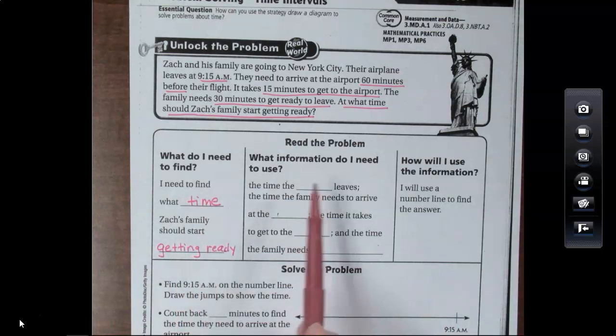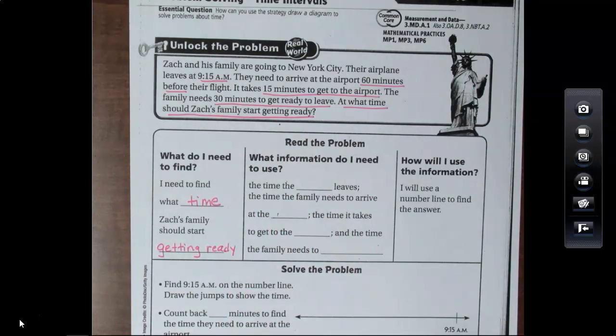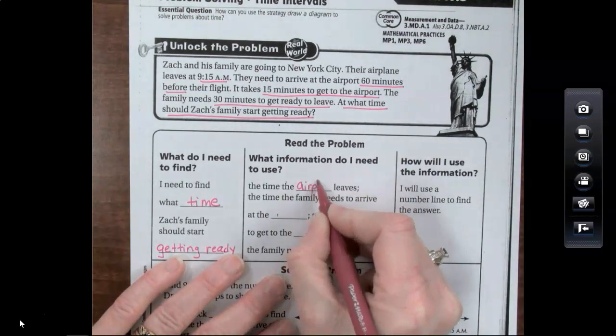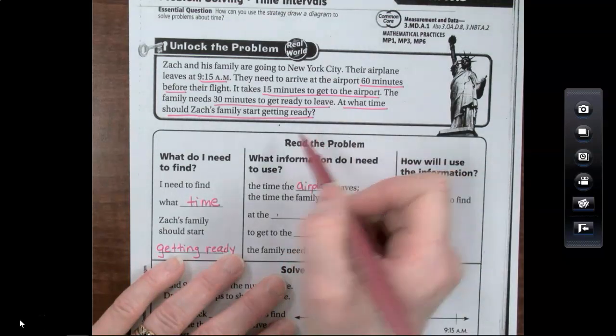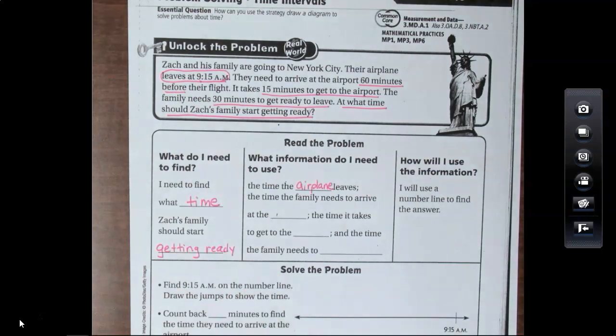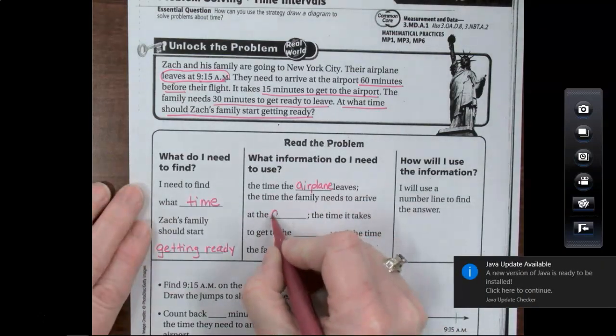Okay? What information do I need to use from up here in our word problem? Well, it says we need to use the time the airplane leaves. And we have that up here. The airplane leaves at 9:15 a.m. We need to know the time the family needs to arrive at the airport.